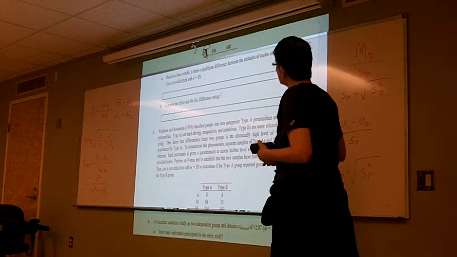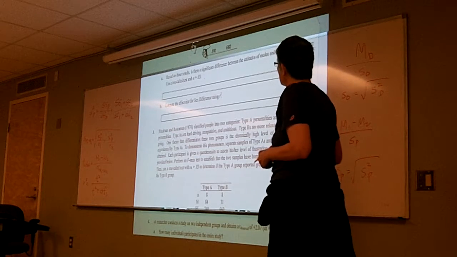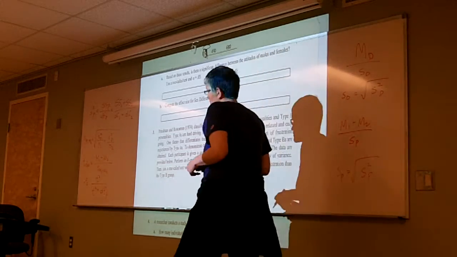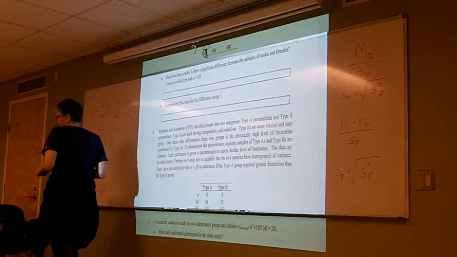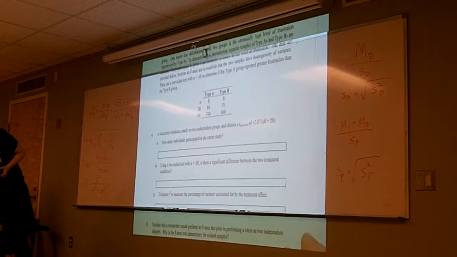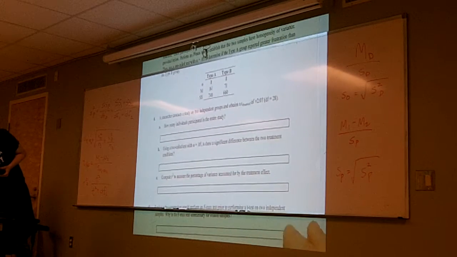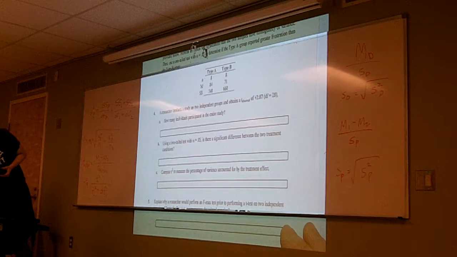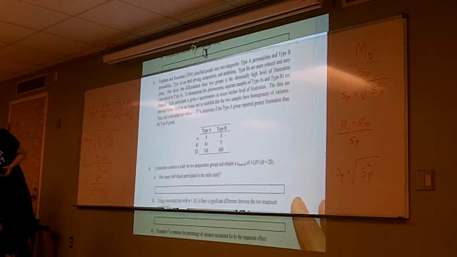All right. So next, we've got people classified into 2 categories, type A personalities and type B personalities.